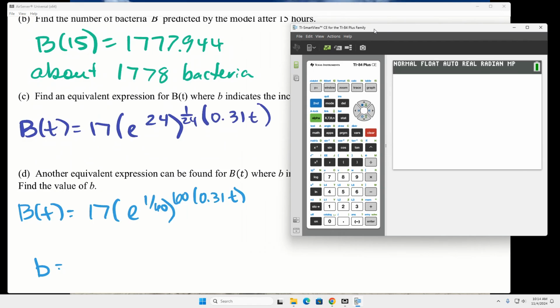This time we can't actually find the value of lowercase b. We would take E and raise it to the 1/60th.